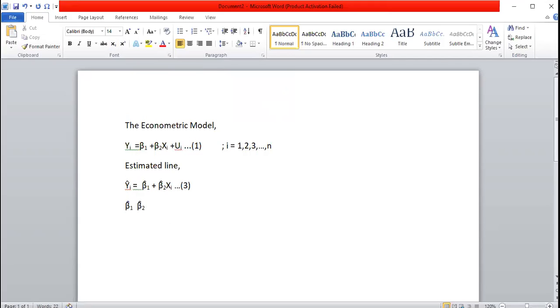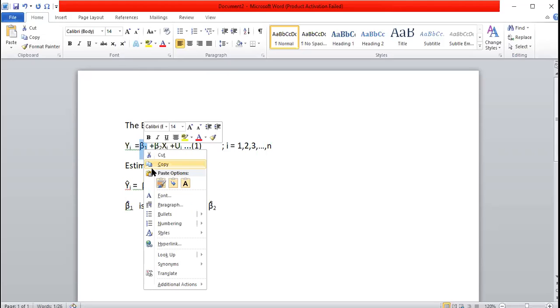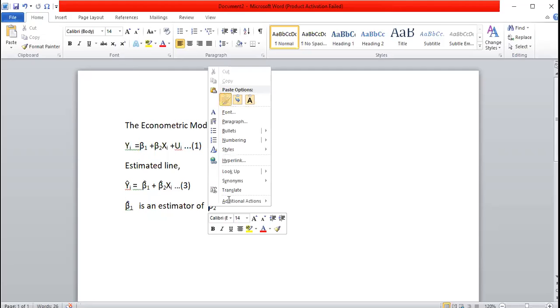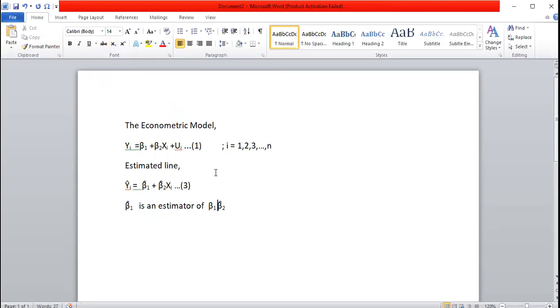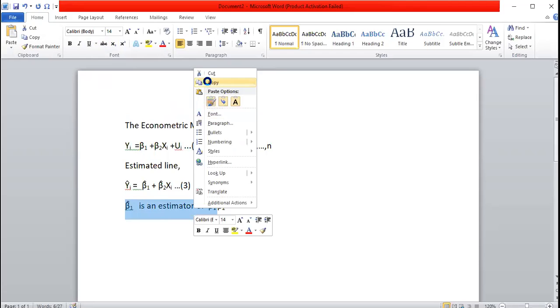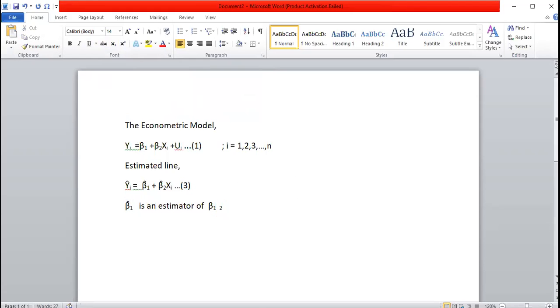Beta 1 hat is an estimator of beta 1. And beta 2 hat is an estimator of beta 2.